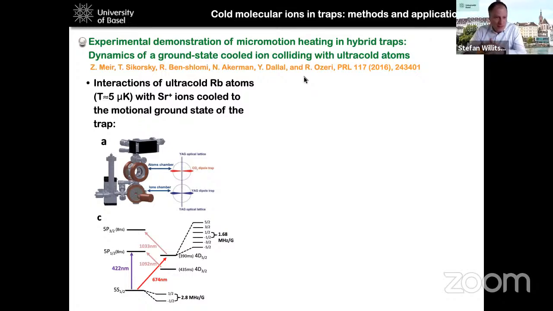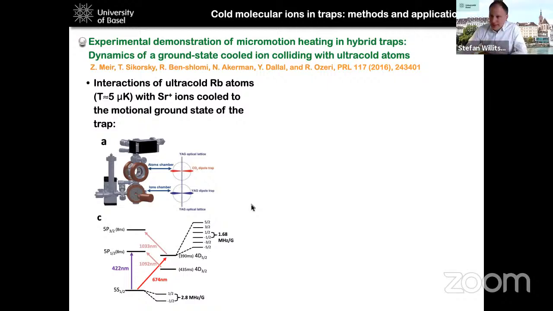In this experiment, they had strontium ions paired with ultracold rubidium atoms, and they cooled the strontium ions to the ground state of the trap, and then looked at collisions of these ground state cooled ions with the rubidium atoms in the trap.